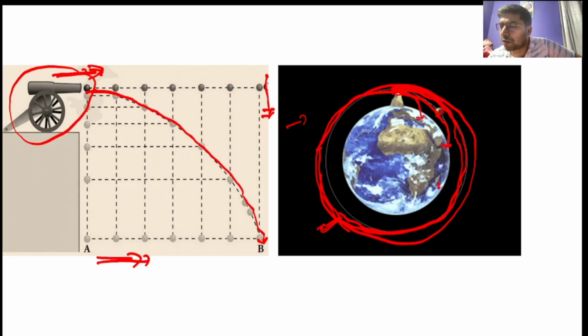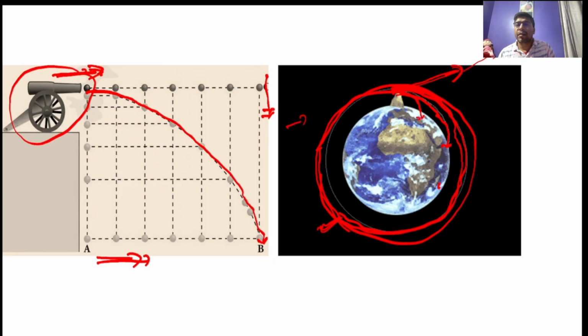Another case is possible: it will be hit with more speed, the bullet will escape from the gravitational field of the earth and go somewhere to infinity. Obviously this case also will not be considered parabolic motion or projectile motion. Clear? But when the velocity is less, the object can again fall on the earth's surface, and we can consider that this motion is projectile motion.